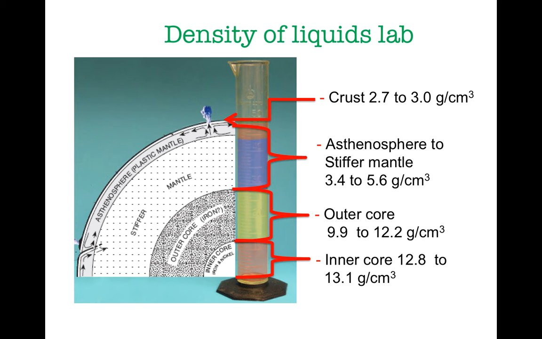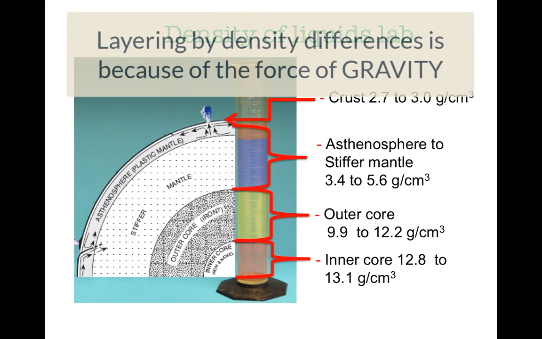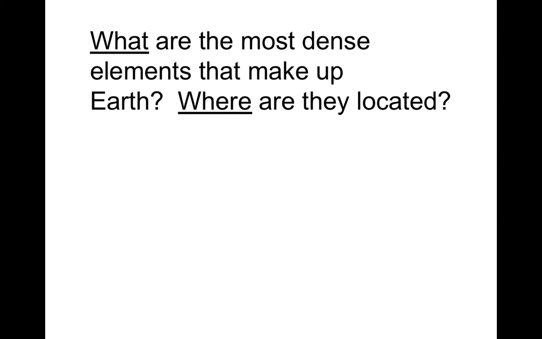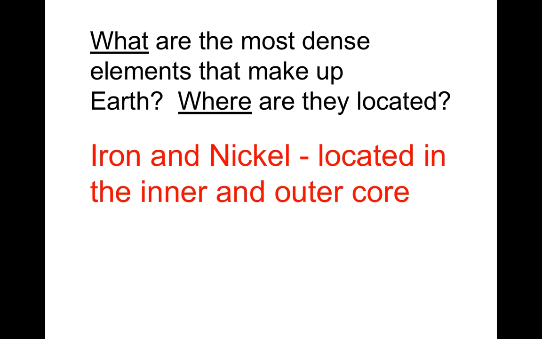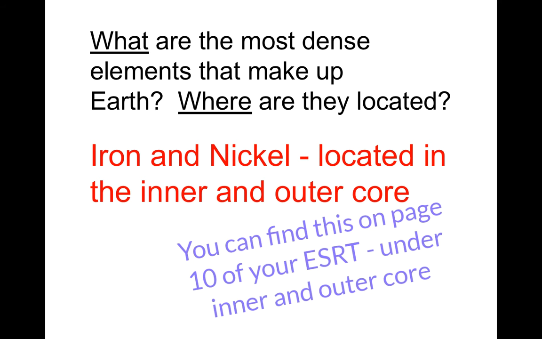So that was a physical model trying to get at what is going on with density as a property. The main thing about density is that it's based on gravity, or the force of gravity, bringing that more dense material to the center of the Earth. What are the most dense elements that make up the Earth? Where are they located? Iron and nickel, located in the inner and outer core. And that is also on page 10 of your reference table.